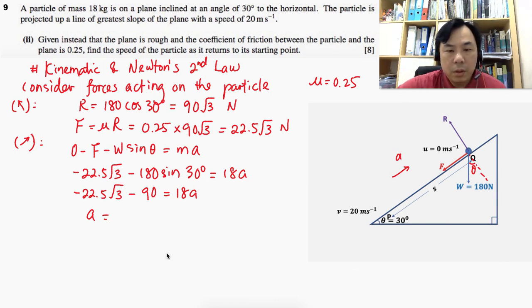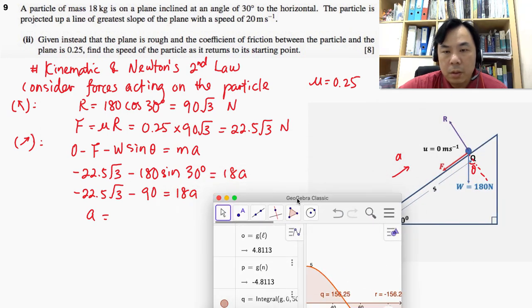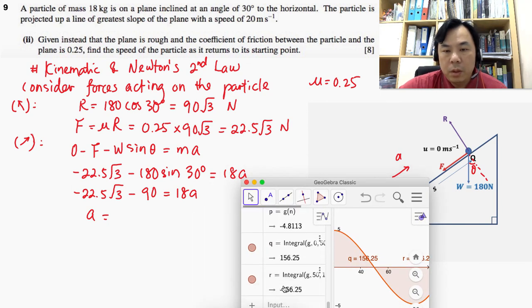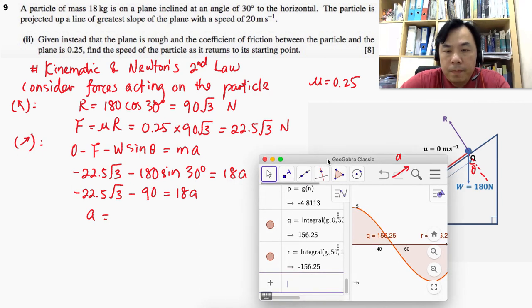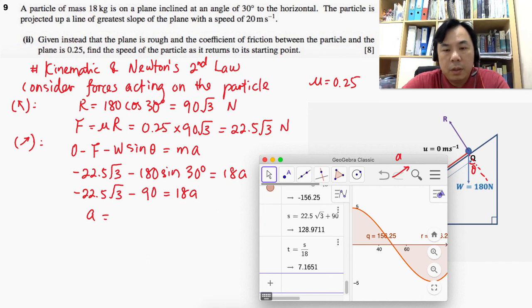Okay, I'm going to bring up my calculator to help me with this computation. Hold on for a while. Let me see what I have here. I have 22.5 multiplied by the square root of 3, plus 90, and divide by 18 here.